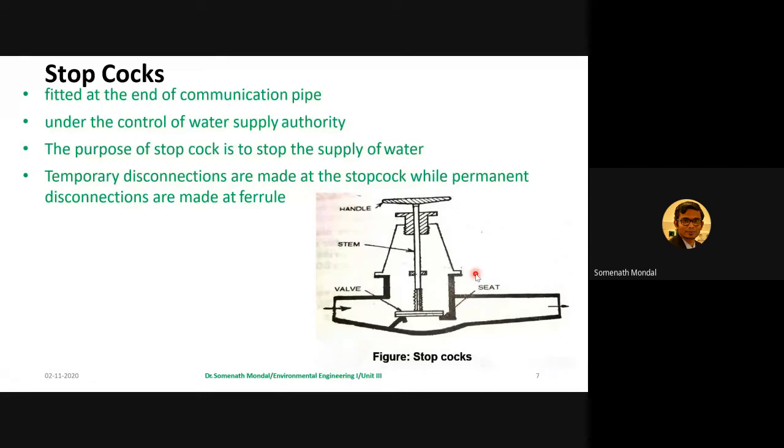Fine. So from the diagram you can see that there is a valve and you have the threaded handle, and the valve is connected to the stem. If you operate the handle, then the valve will go up and come down, and once it comes down and rests on the seat, there will be no provision for water to pass.